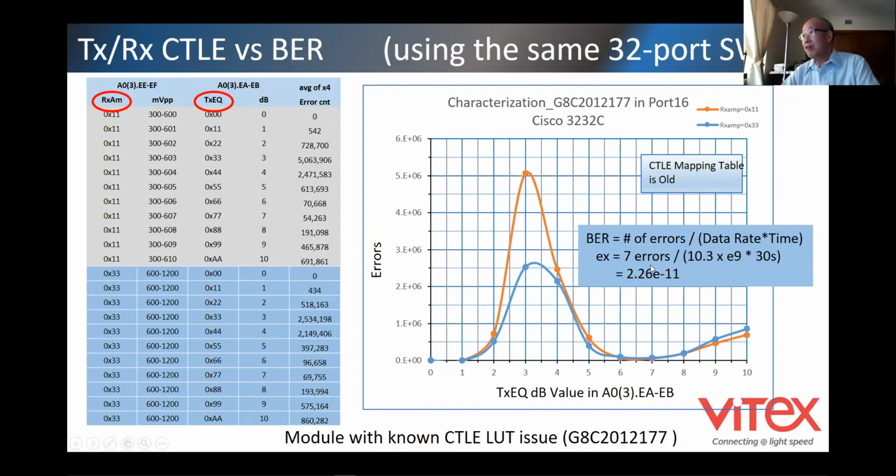For instance, if you have 7 errors, the bit rate is 10.3 gigabits per second, and I run it for 30 seconds, this formula will tell you that I end up with 2.26 e to the minus 11. That's how I figure out this axis here. I calculate the bit error rate and plot it out. So it's very interesting.